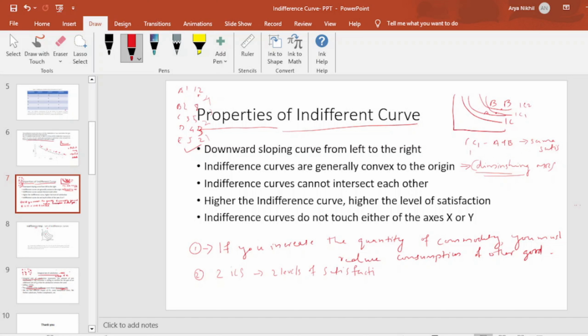According to IC2, it's C. In IC2, B and C are on the same indifferent curve and so have the same satisfaction level. Here B, the same combination of goods, gives two different levels of satisfaction, but it is impossible.